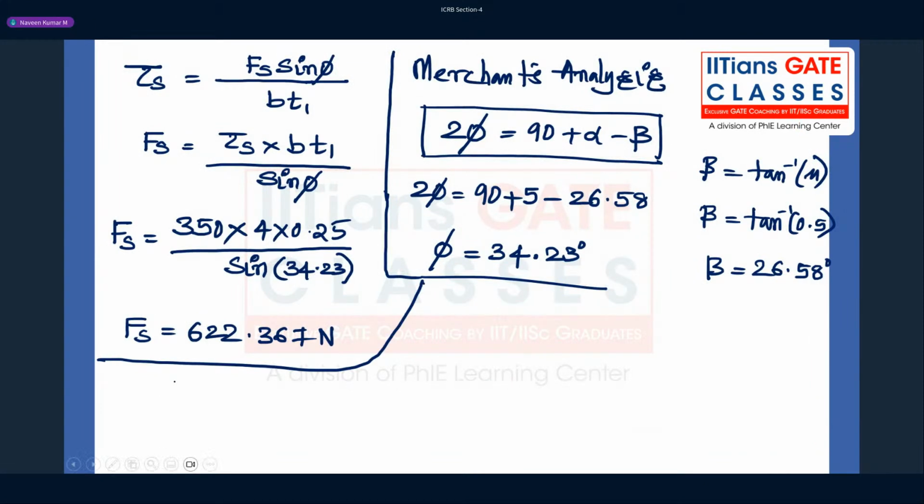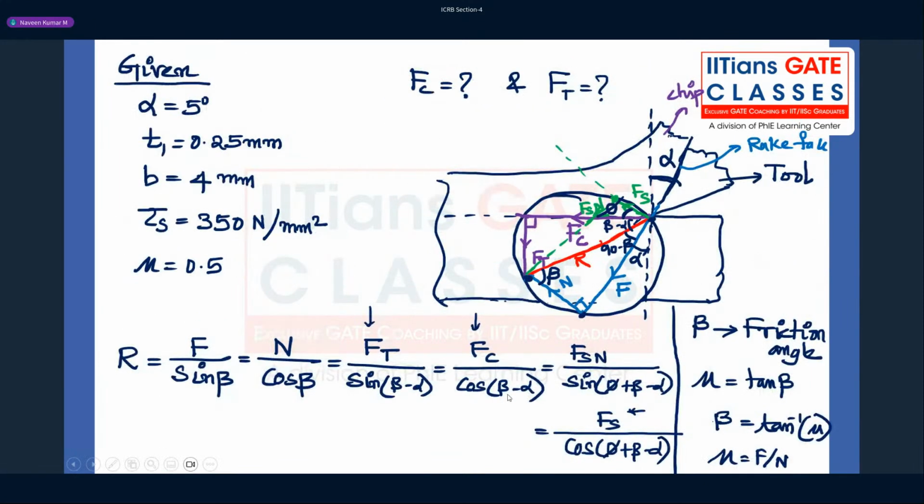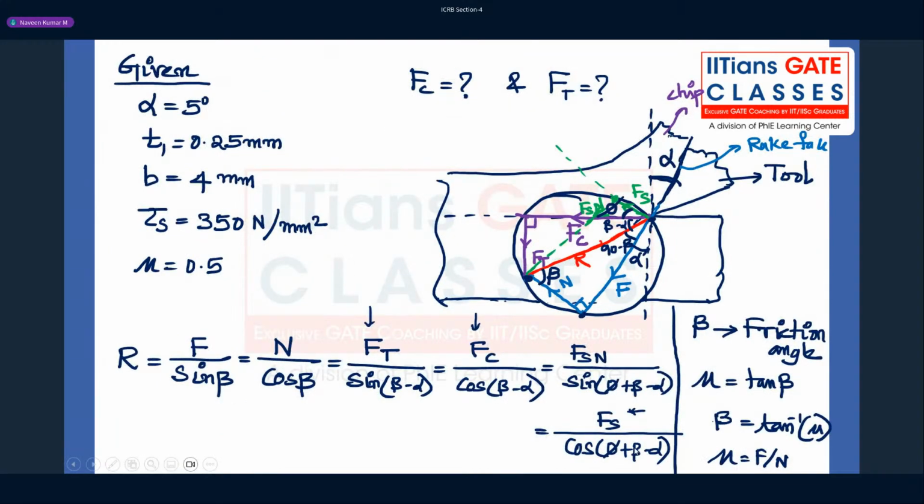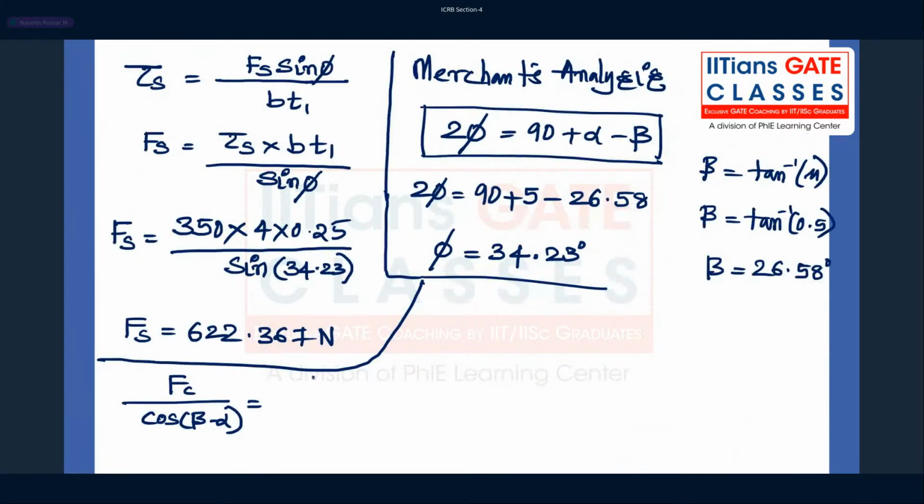So from the previous equation, Fc by cos beta minus alpha is equal to Fs by cos phi plus beta minus alpha, right?